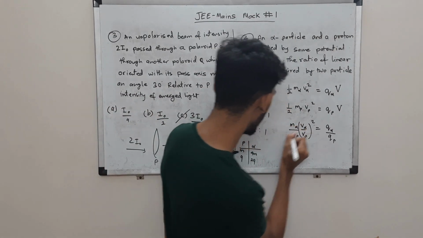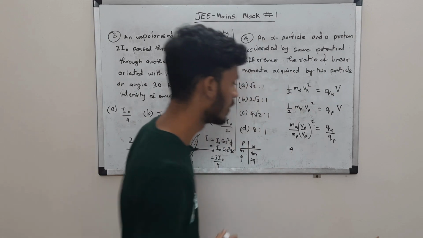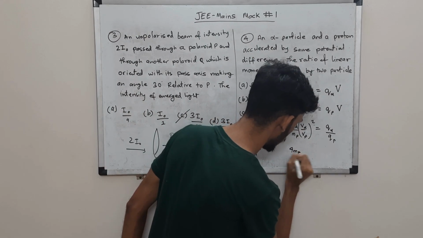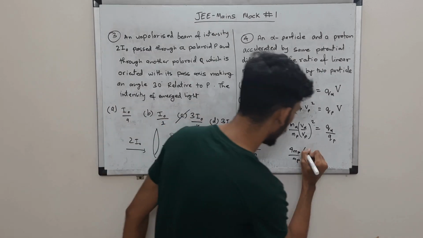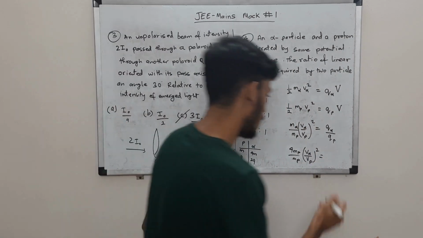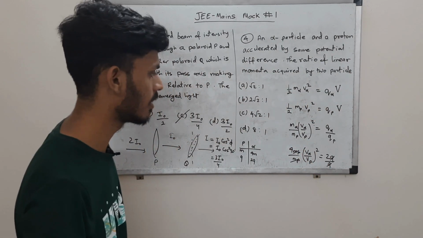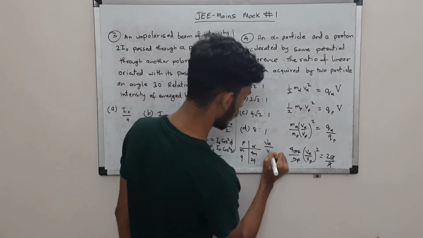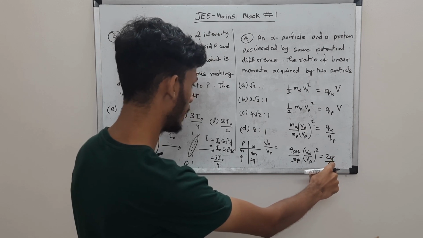So this ratio will be 4 times the mass of proton upon mass of proton, and V alpha by V of proton squared. Here the charge on the alpha particle is 2 times the charge on the proton, so these will cancel, and we'll get V alpha by Vp as 1 by 2 under root, right?